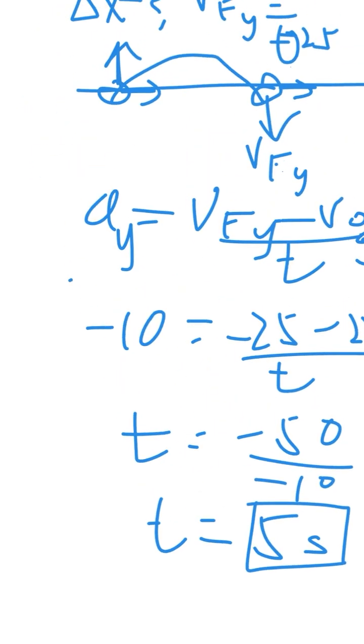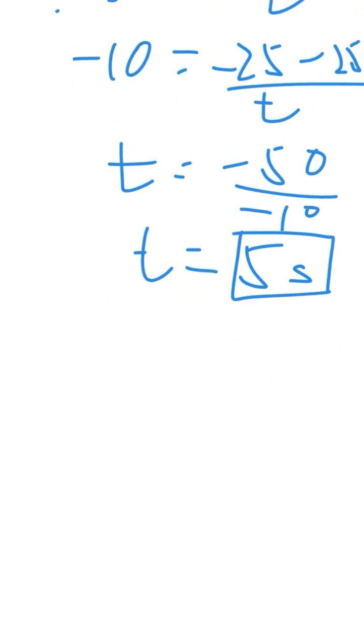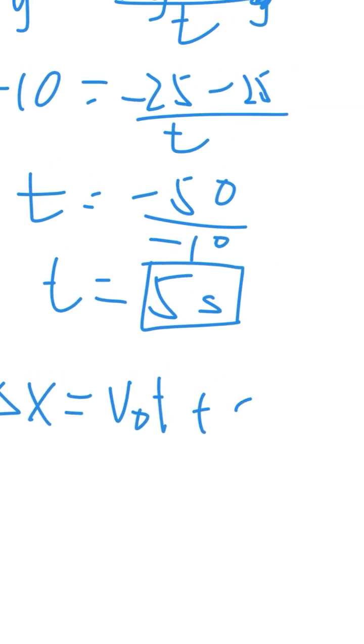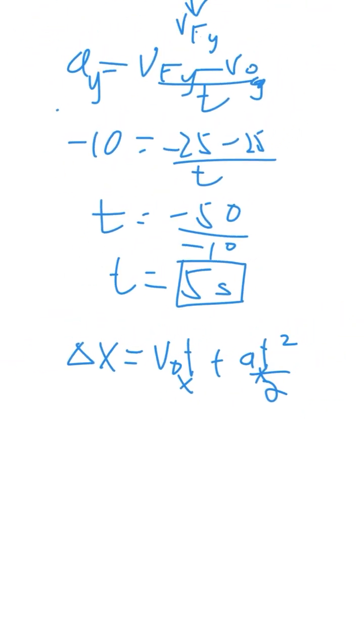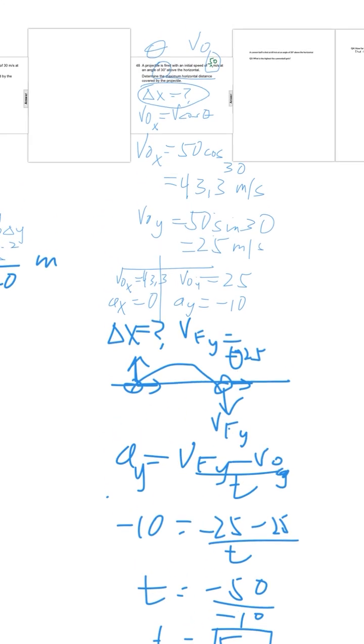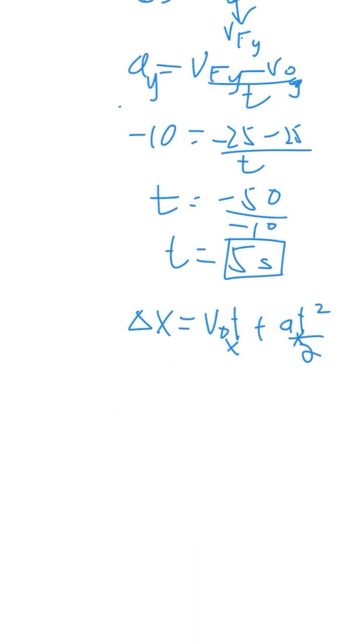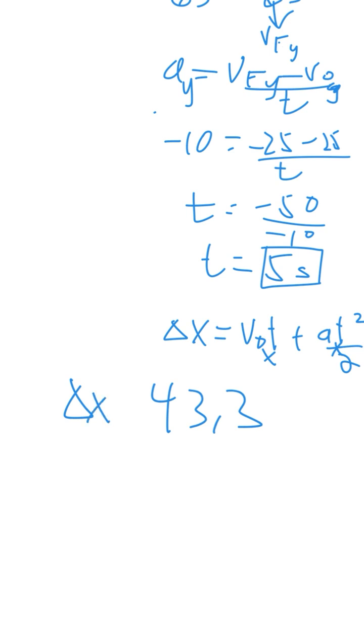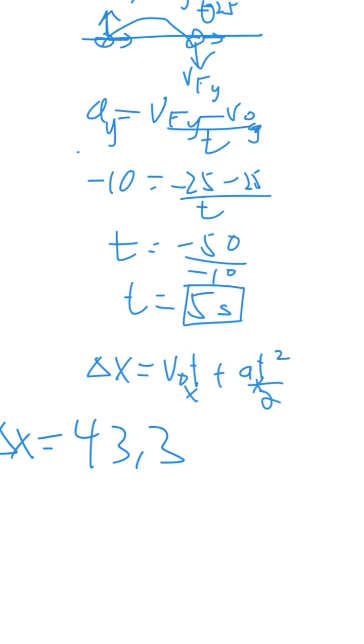Okay, now that I got the time, I can find delta x, because change in x equals VOT plus AT squared over 2. And I'm going to use the x values. So VOX is 43.3. The time is 5.